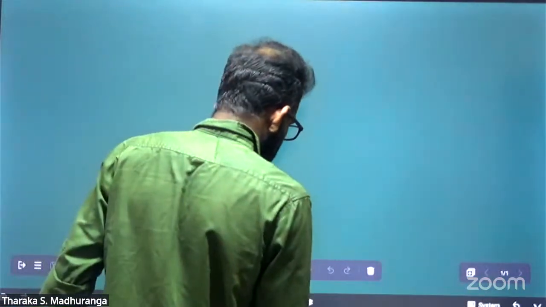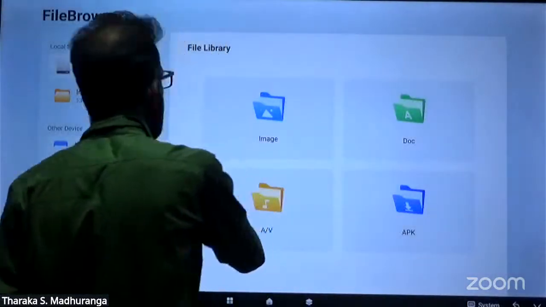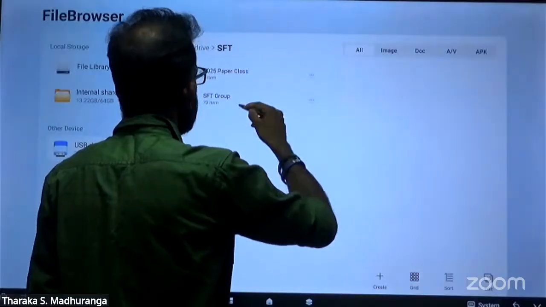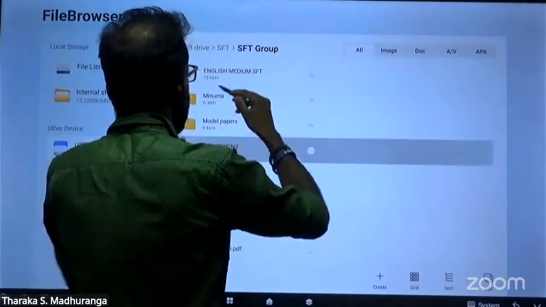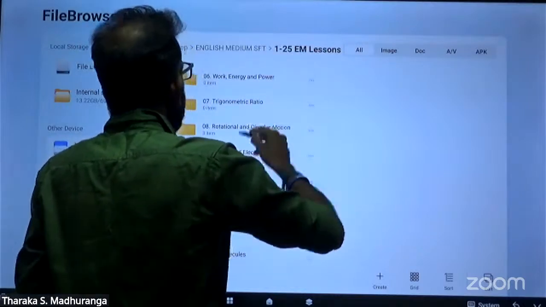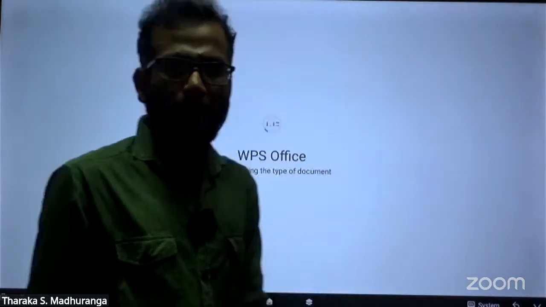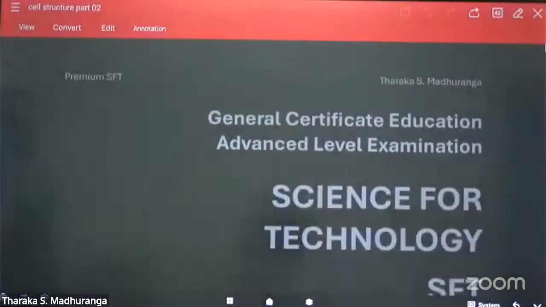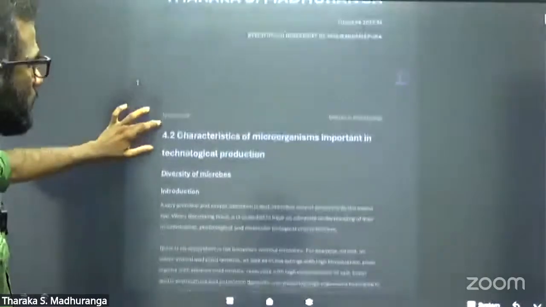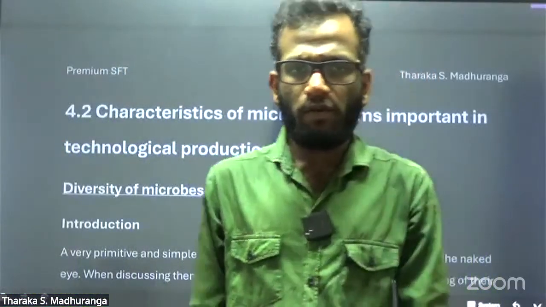Okay, I'll open my PDF. This is today's part, characteristics of microorganisms.